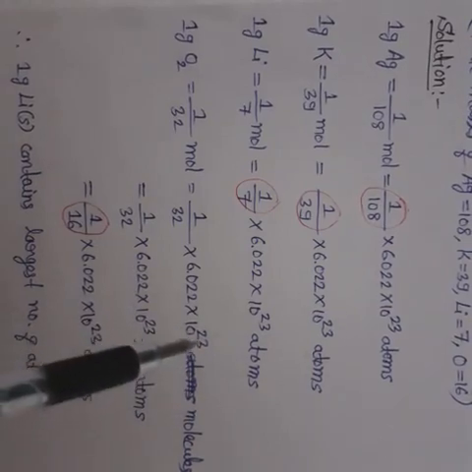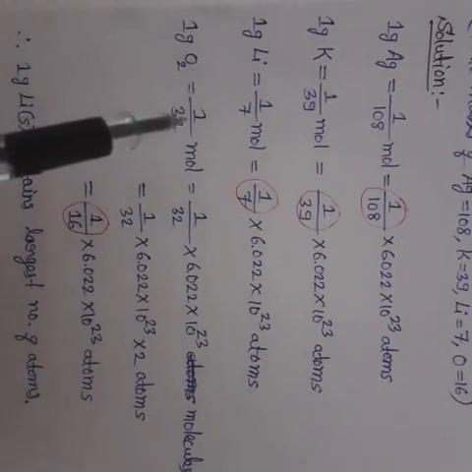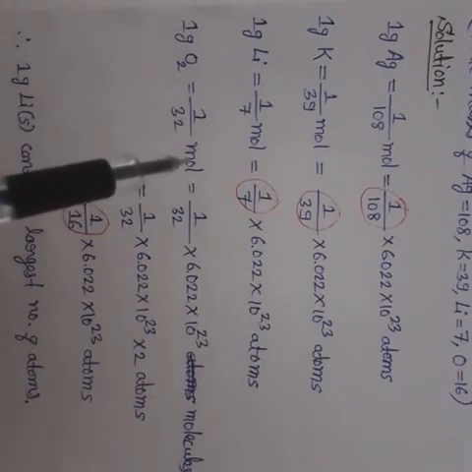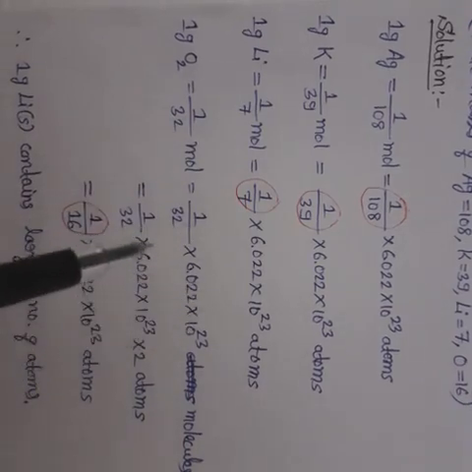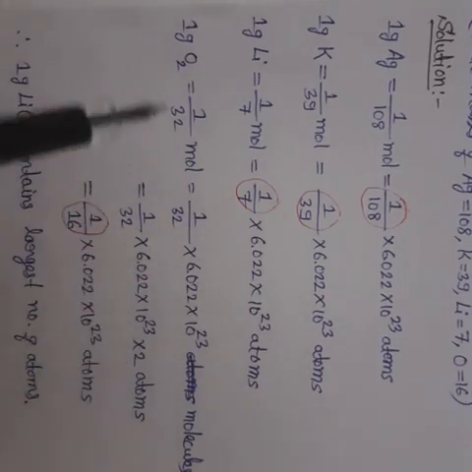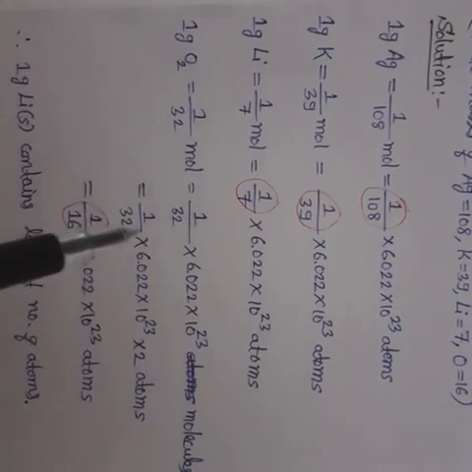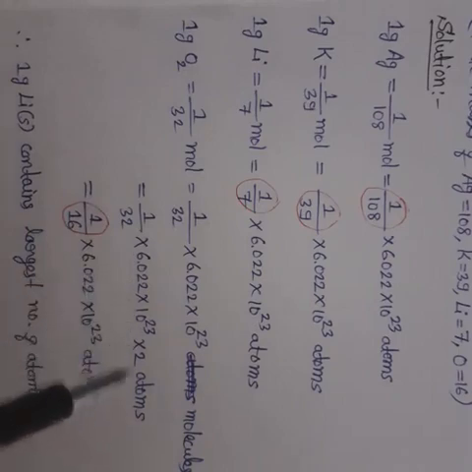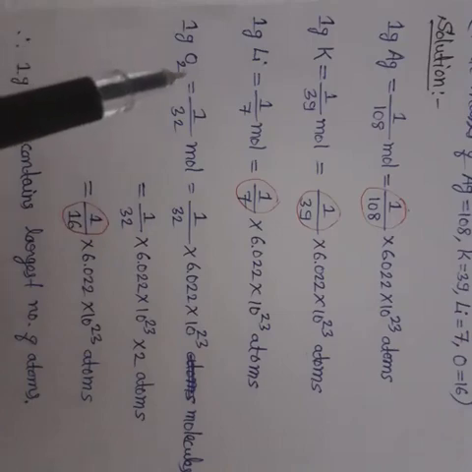But we need the number of atoms, so this value should be multiplied by 2, because two oxygen atoms are there. Hence 1 divided by 32 into Avogadro number into 2, that means 1 divided by 16 into Avogadro number. This is the number of atoms present in 1 gram of oxygen.